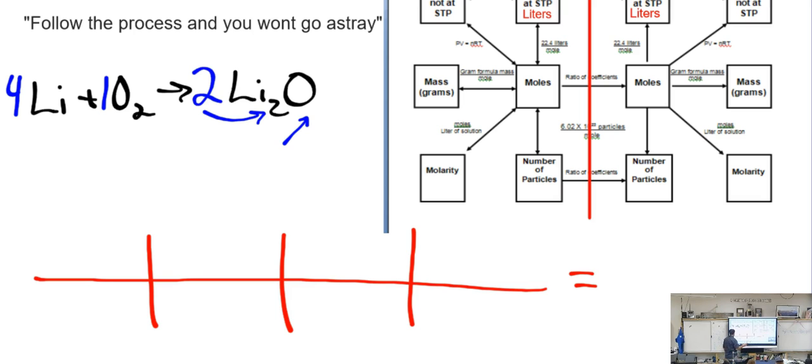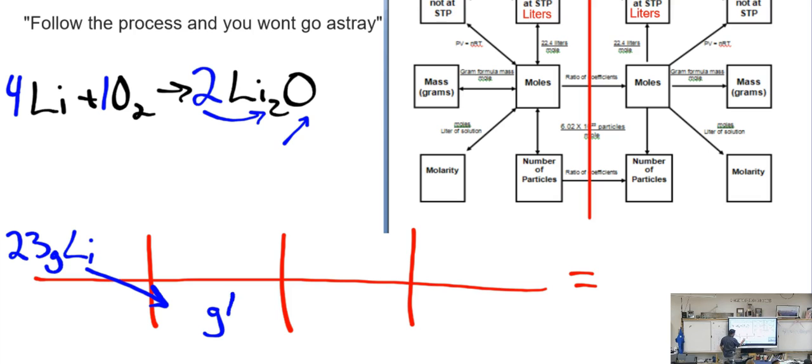All right, then we read the problem. This problem says, this is on page 11-ish, right? It says if 23 grams of lithium are reacted, so please just look, 23 grams of Li. What do I know goes down there right off the bat?